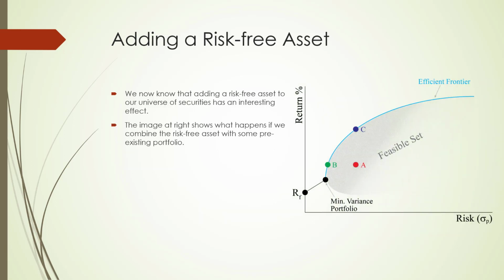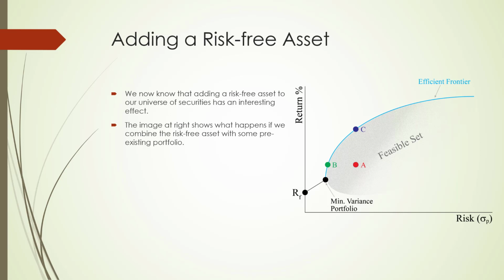So here we have again our efficient frontier, but this time I've added a risk-free asset, which because it has no risk, it plots on the y-axis. And if we combine the risk-free asset with the minimum variance portfolio, all combinations of those two securities must fall on that straight black line there.